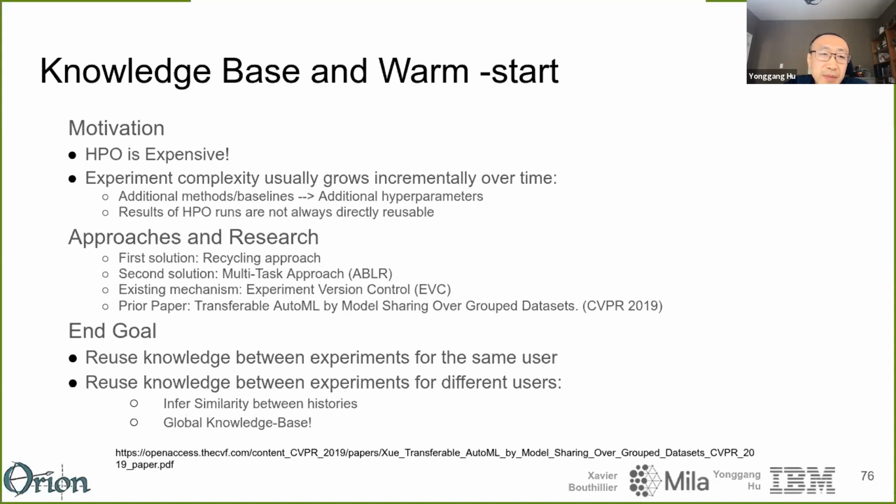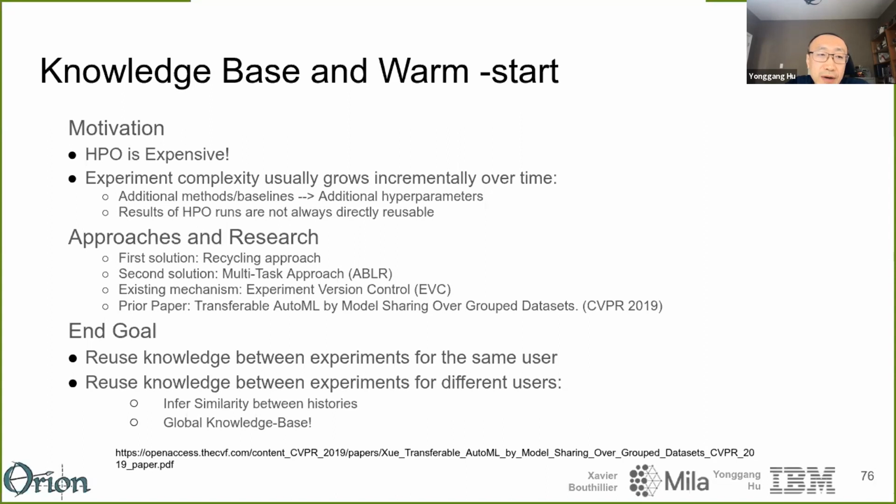We have some existing mechanisms, as Xavier explained, using version control in Orion. We also have done some research work in the past to understand the similarity of a data set and then group the data sets accordingly, and based on the similarity of a data set determine which model and parameters to reuse.